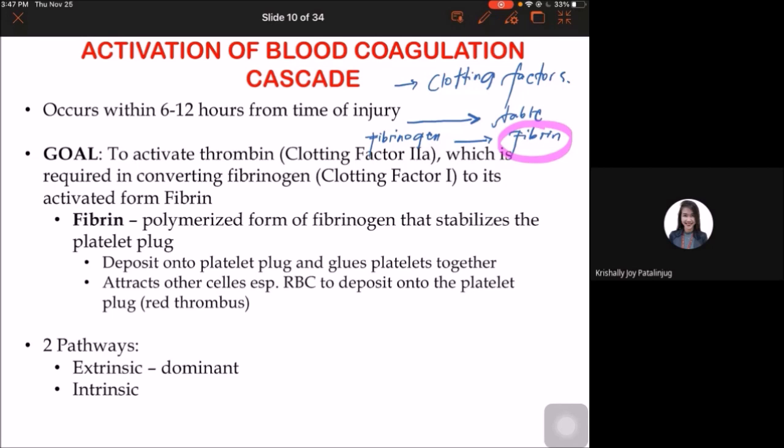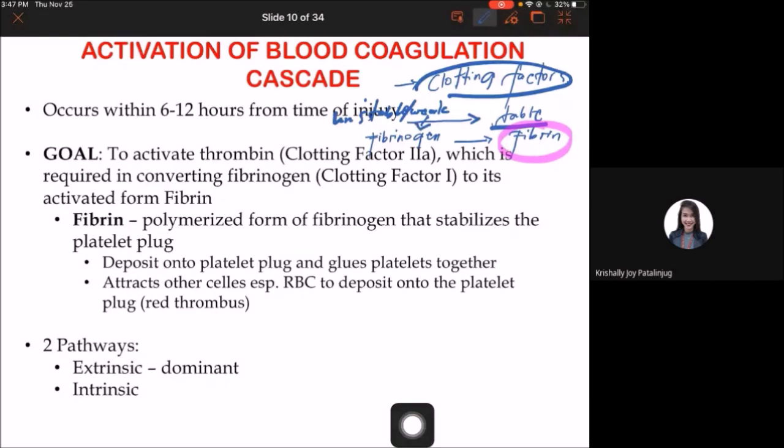That is the goal, so that we can achieve a stable clot. We need to convert fibrinogen into fibrin, the activated form of the bridge. And again, to achieve this, for fibrinogen to become fibrin, we need the help of the so-called clotting factors. Okay? From unstable to stable, since fibrinogen is weak.